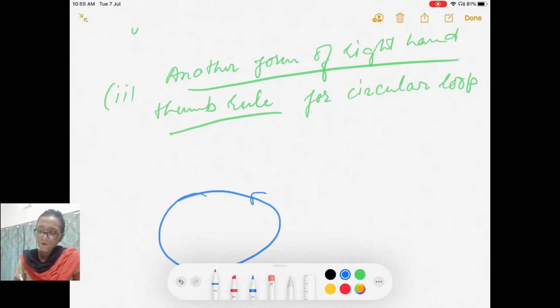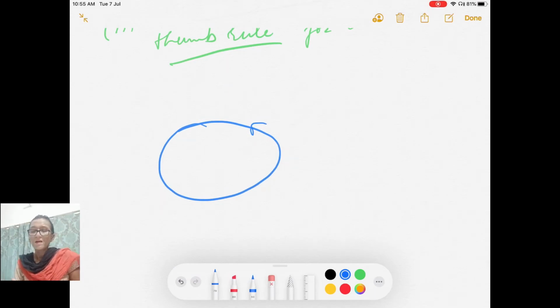So here you have a circular loop. If you place the curls of your fingers along the circular loop in the direction of current, then the thumb will give the direction of magnetic field at the center.